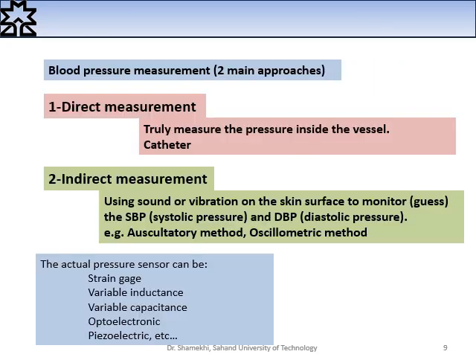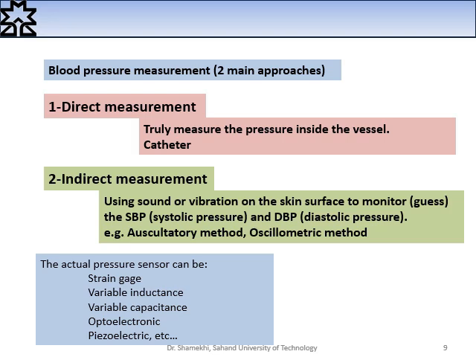We have two main approaches to blood pressure measurement. The first one is the direct measurement, which truly measures the pressure inside the vessel using some catheter. The second one is the indirect measurement, using sound or vibration on the skin surface to monitor, in other words to estimate, the systolic pressure and diastolic pressure.